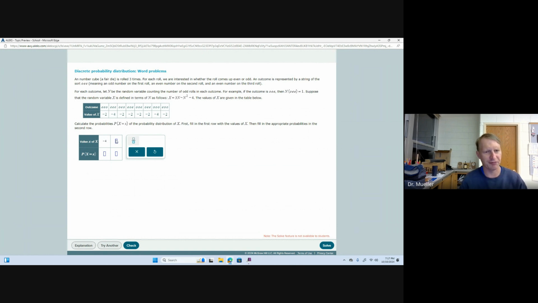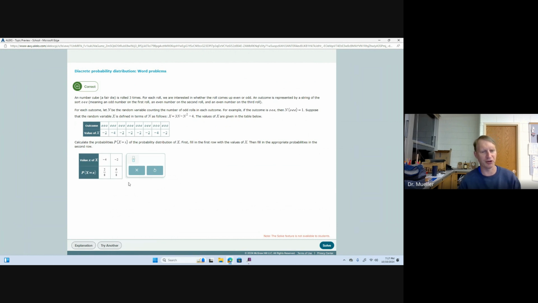So it's going to either be -4 or -2. Then we have to list the probability of equaling -4. Well, we got 1, 2. So that's 2 out of 8, which reduces to a fourth. And then -2 is 1, 2, 3, 4, 5, 6. 6 out of 8. So we just count the number of times that value appears, and then we can check it, and it should be correct. Yep, we're good to go.